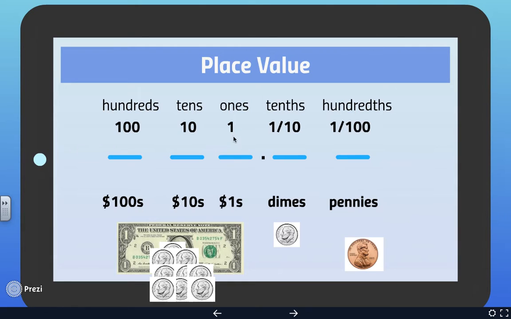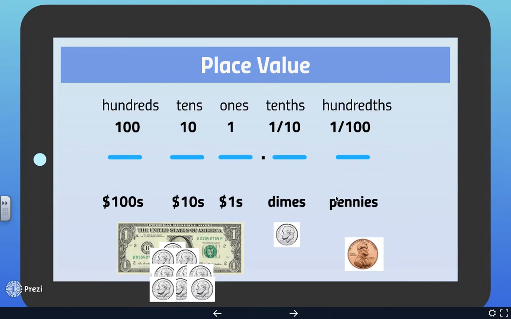It always goes back to this one. If you think of the dollar as being 10 dimes, this spot would represent one dime, and that would be the tenths spot. If you had 70 cents, it would be 7 right here. And if you had 80 cents, it would be 8/10 of a dollar.